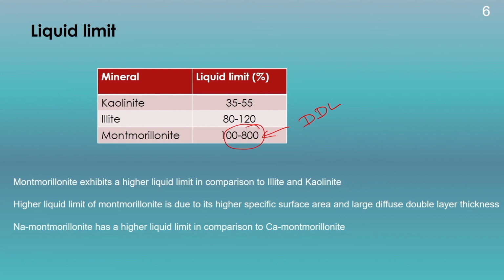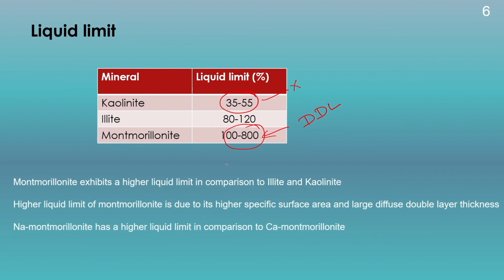Since the diffuse double layer thickness for montmorillonite is quite large, the liquid limit of montmorillonite will also be quite large. At the same time, the diffuse double layer thickness will not develop for the mineral kaolinite. Therefore, kaolinite will have a low value of liquid limit in comparison to montmorillonite or illite.